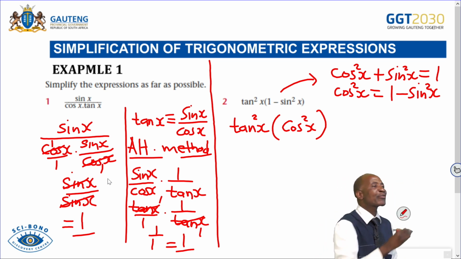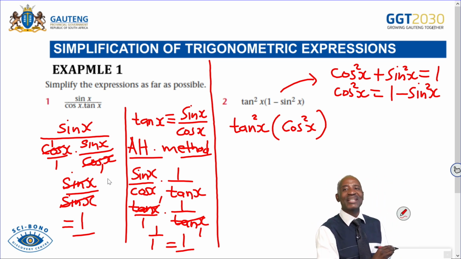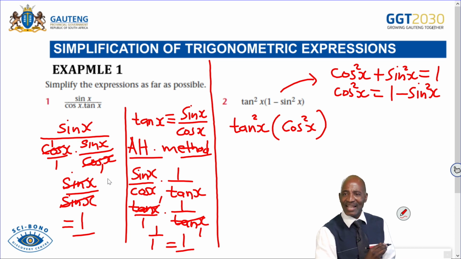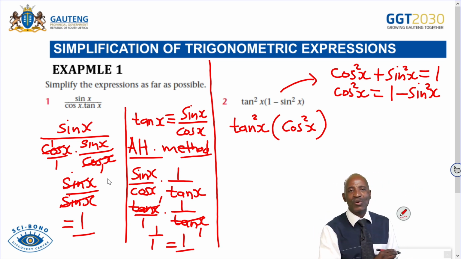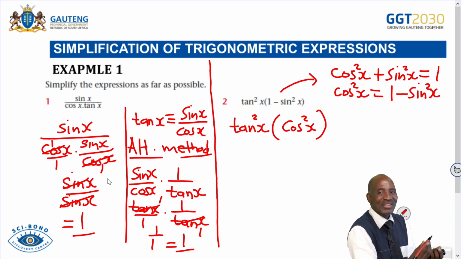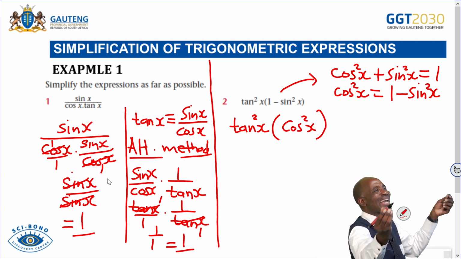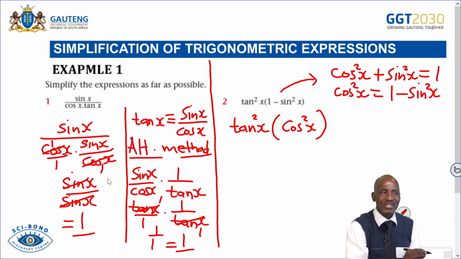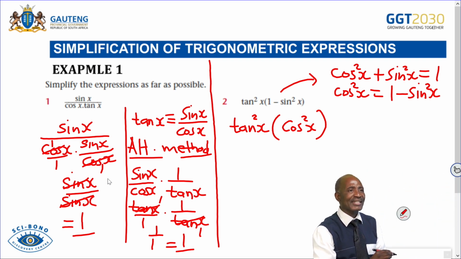The equivalent form for 1 minus sine squared x is cos squared x. So where we see cos squared x, we can put 1 minus sine squared x. Where we see 1 minus sine squared x, we can put cos squared x. Depending on this question, here we are simplifying, so I would rather write it as simple as possible and write it as cos squared x.